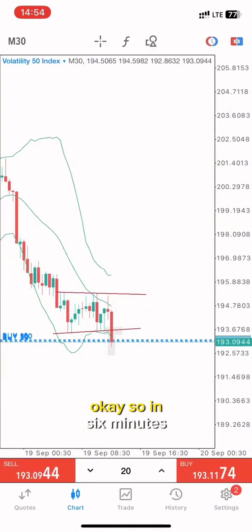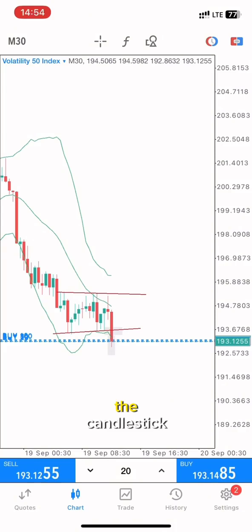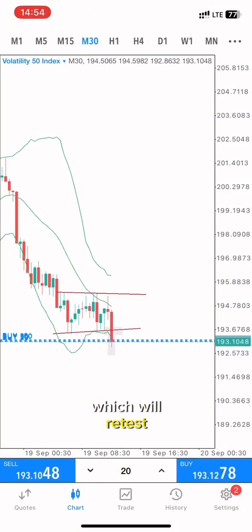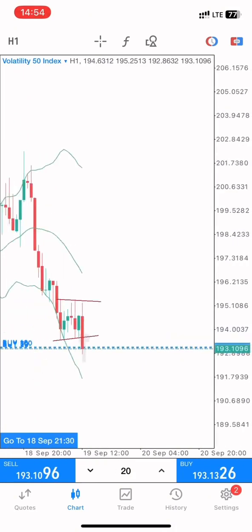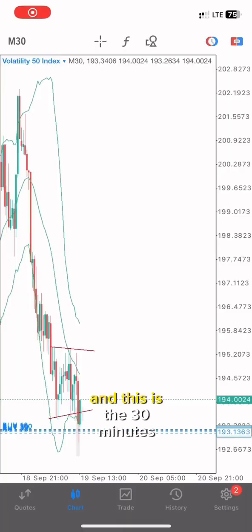Okay, in 6 minutes, the 1 hour time frame will close, and the 30-minute time frame will close the candlestick, and there will be the next candle which we will retest. So this is the 1 hour time frame, and this is the 30 minutes.